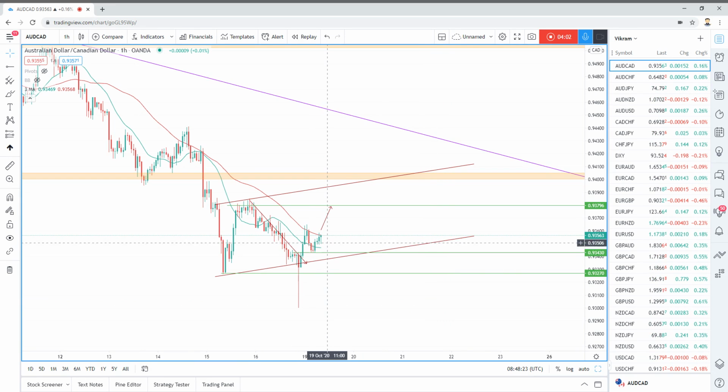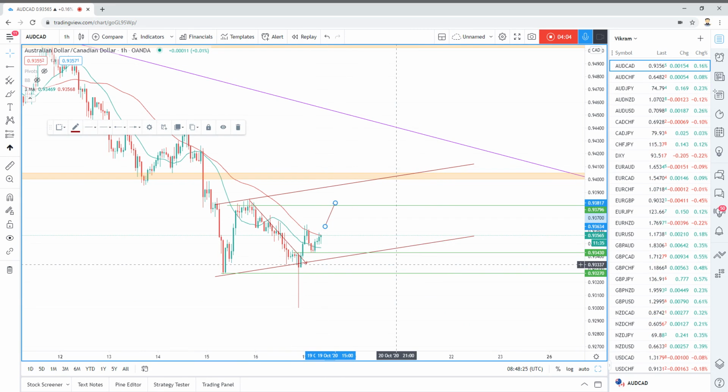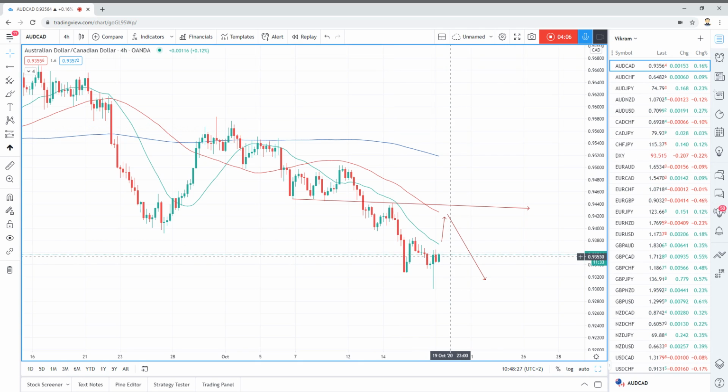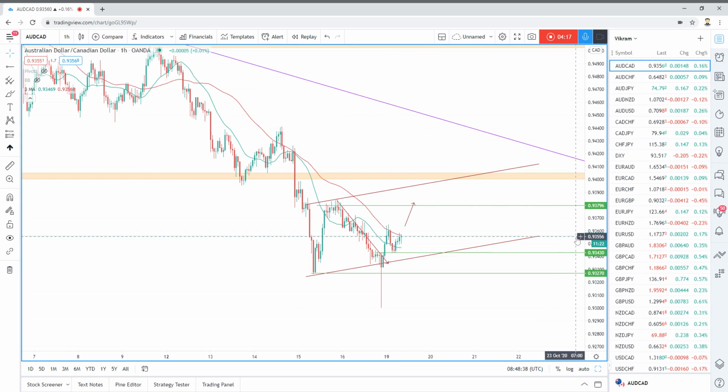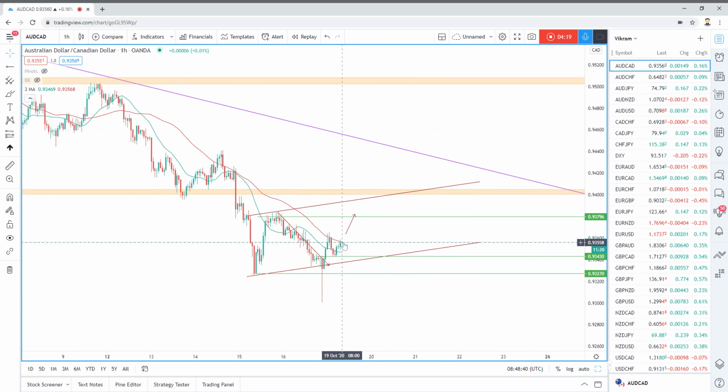So in the 4 hour chart we are going to wait for price to rise towards 0.9425 and then sell on the retest of the 50 moving average. Whereas in the 1 hour chart we have a short term possibility of buying on a break above the 50 moving average, and take profit at 0.9380.